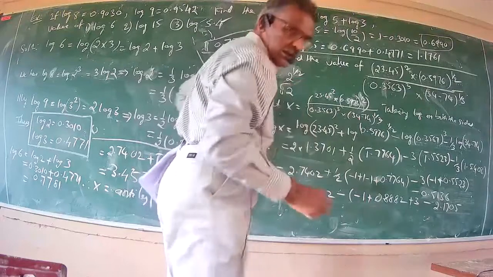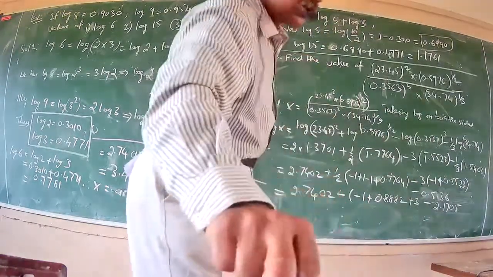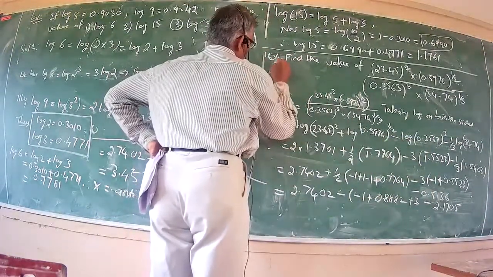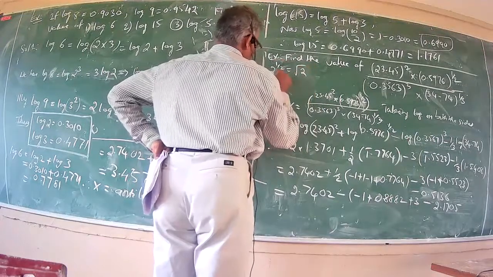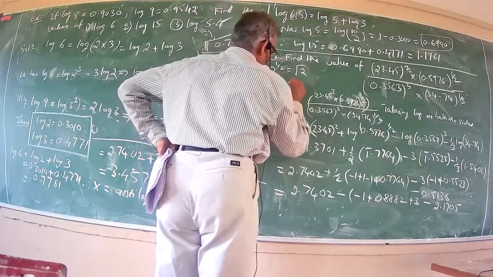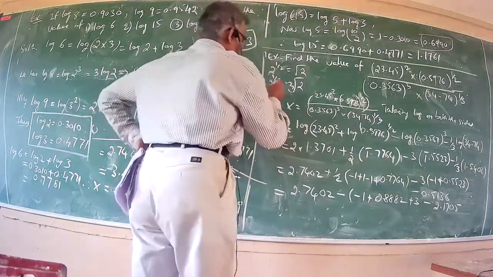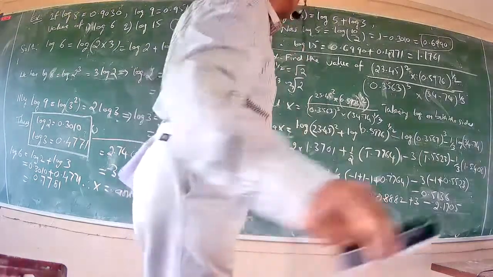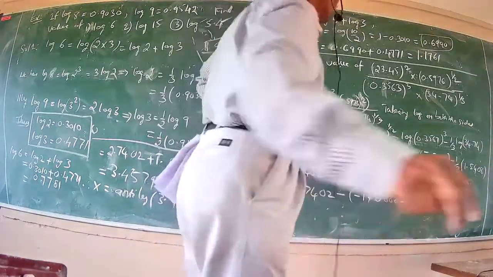This is by the usual mathematics, indices and surds. So 2 raised to 1 by 2 equals square root of 2. 2 raised to 1 by 3 equals cube root of 2. And similarly, 2 raised to 1 by 4 equals 4th root of 2.